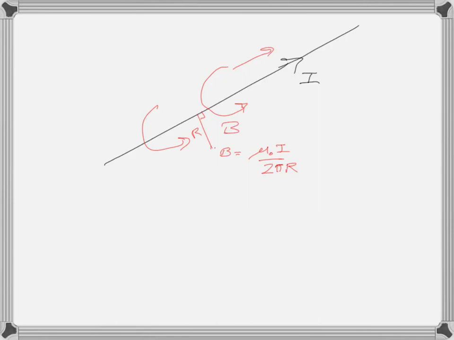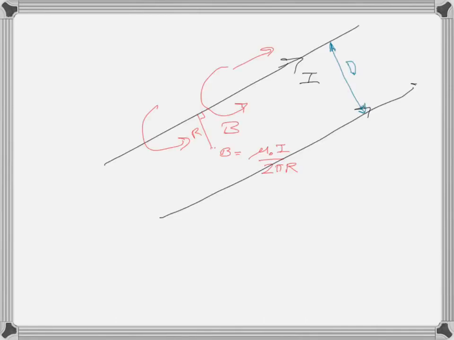But anyway, we now know a little bit about how wires create magnetic fields. So now let's talk about the force between two long straight wires. What happens if I put a second wire at a distance d, so two parallel wires at a distance d.